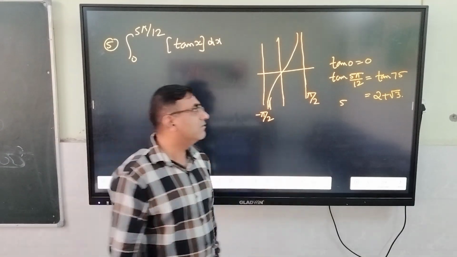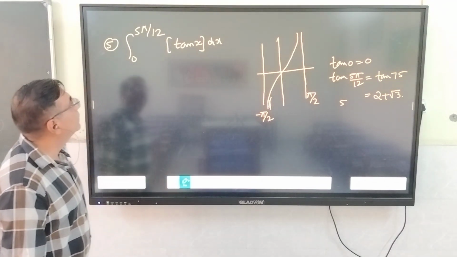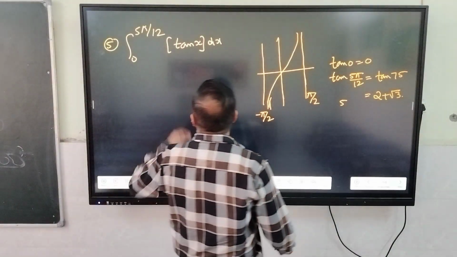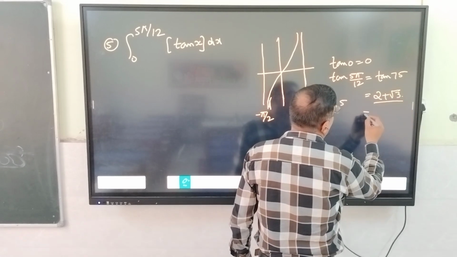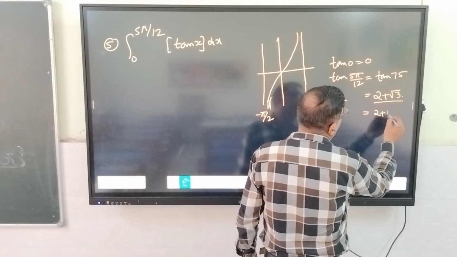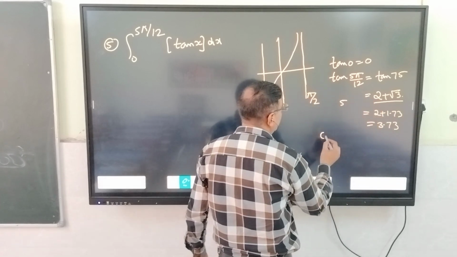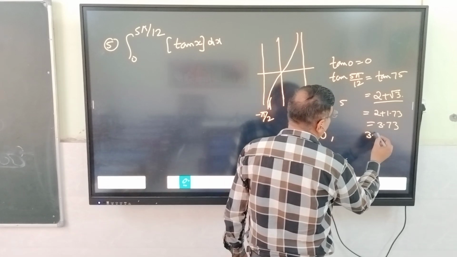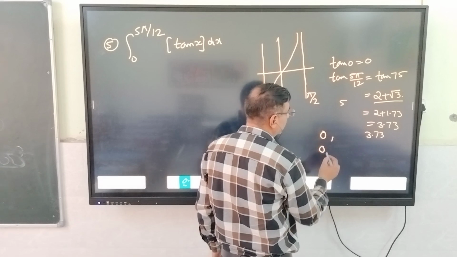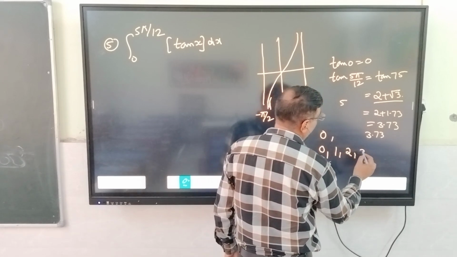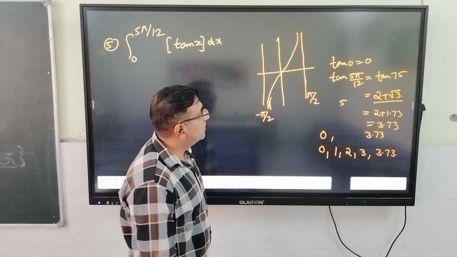You can calculate it, and many students have remembered it. So if you put the value, it will be 2 plus 1.73, which is 3.73. So the value will vary up to tan inverse of 3.73, and in between 0, 1, 2, 3, 3.7. So this is the range of values of tan.